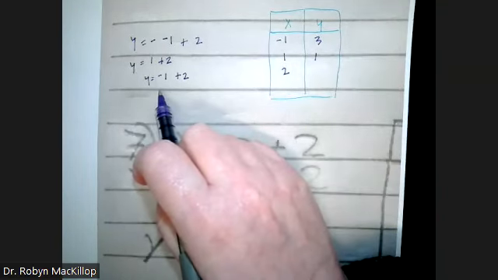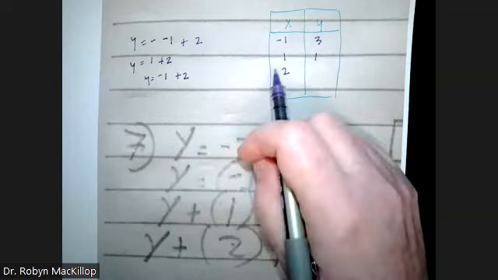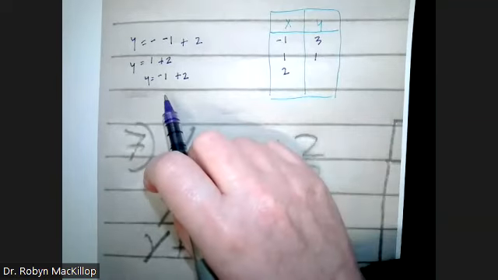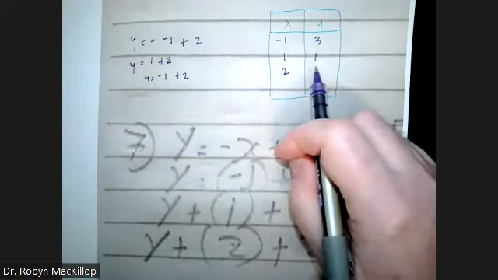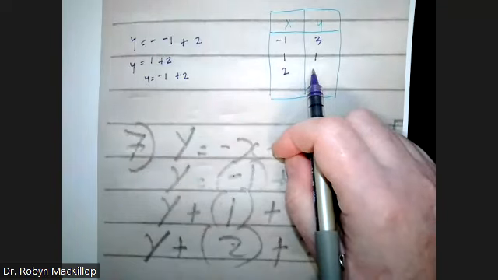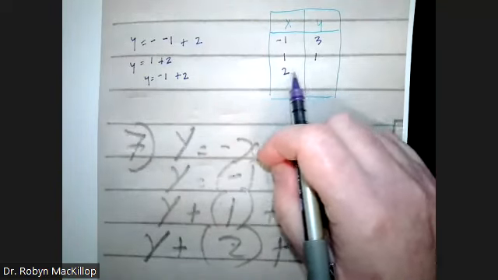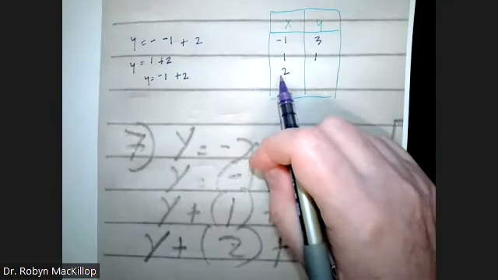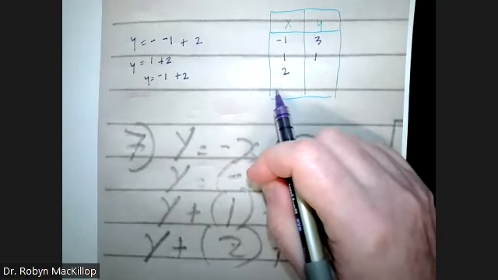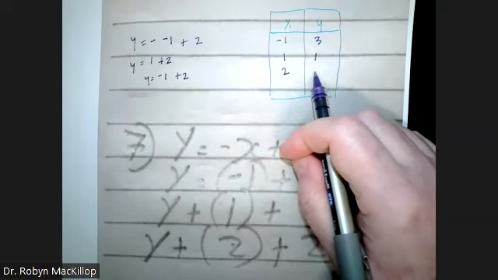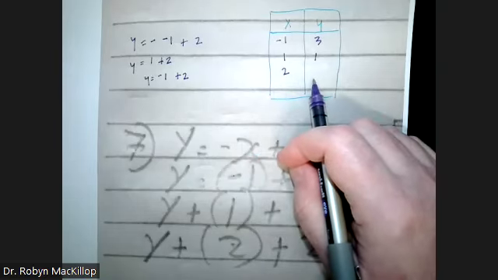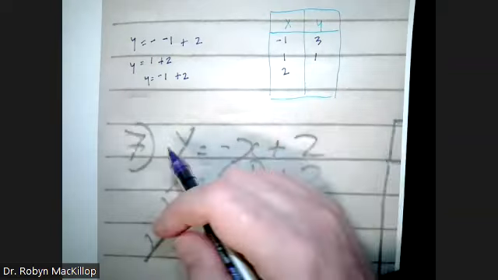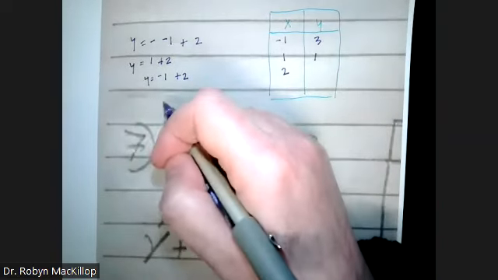So when x is 1 for this equation, y is also 1. And don't look for a pattern between these two right now. You can see the pattern up and down, and if you do enough of these, you'll see the pattern on y as well.